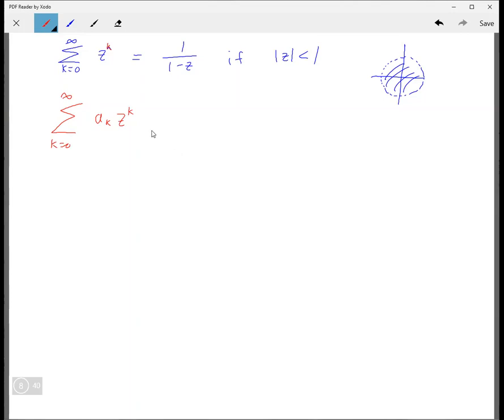If you have a series like that, which is k equals 0 to infinity of a sub k, then you can compare it with a geometric series.